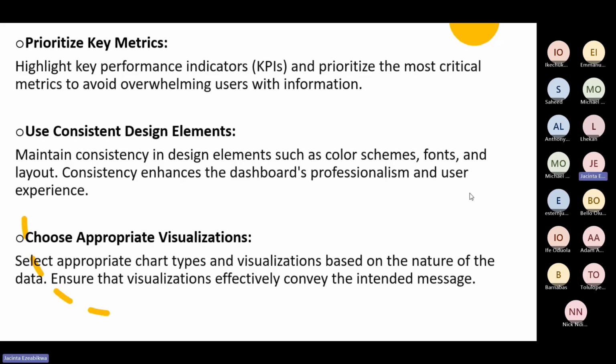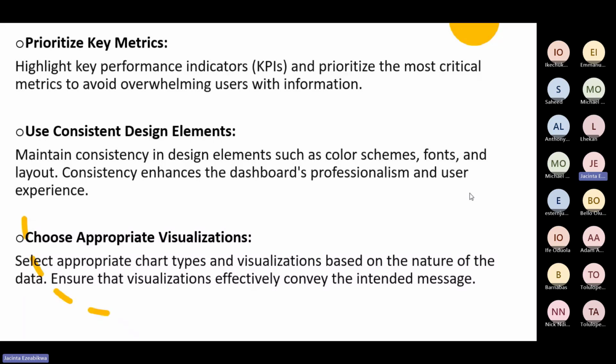So you can always go to Google, browse on the internet, so that you can know, let's say I want to check for a relationship and a scatter plot is not really giving you what you want. Browse on the internet and find out what other chart type I can use to portray a relationship between my data. And if you're unsure of the chart type to use, just sit and critically look at it.